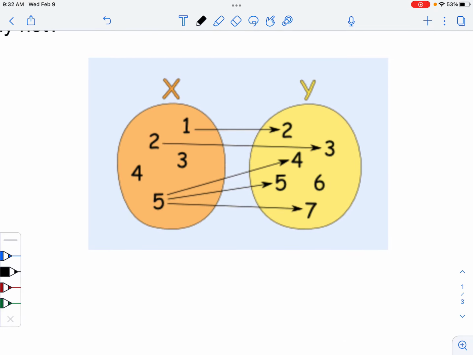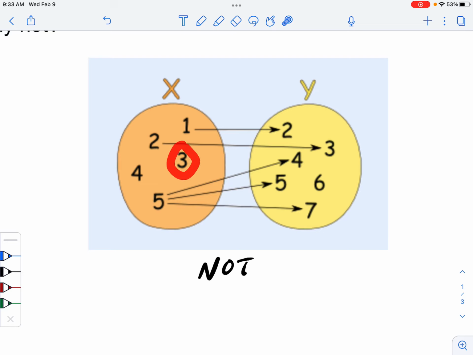I would encourage you to pause and see if you can figure out whether this may or may not be a function. There are actually two reasons why this is not a function. One of those reasons has to do with this 4 and this 3. Remember, our definition says each input has to go to exactly one output.